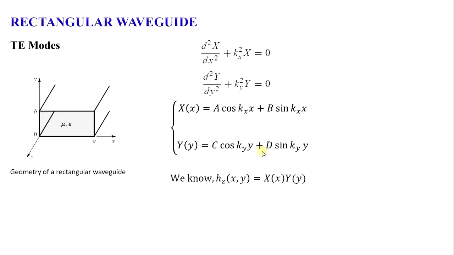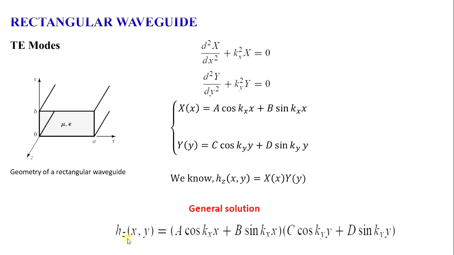Now we know Hz, which is a function of x and y, is equal to X(x) times Y(y). We have now the values of X(x) and Y(y). If we put them over here, we will get Hz, which is a function of x and y. So the general solution is Hz(x,y) equal to A cos kx x plus B sin kx x, into C cos ky y plus D sin ky y.